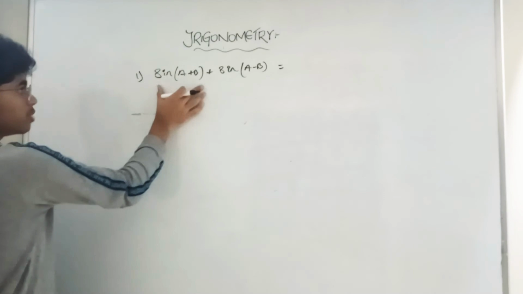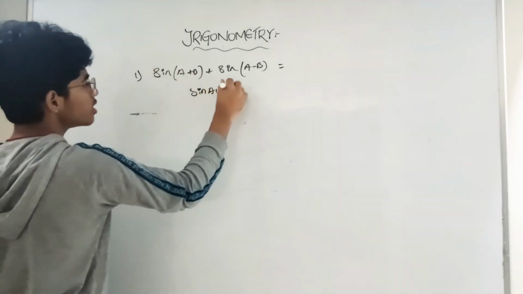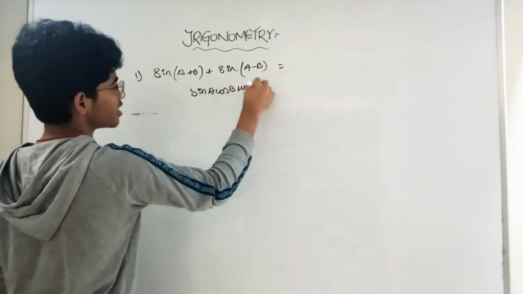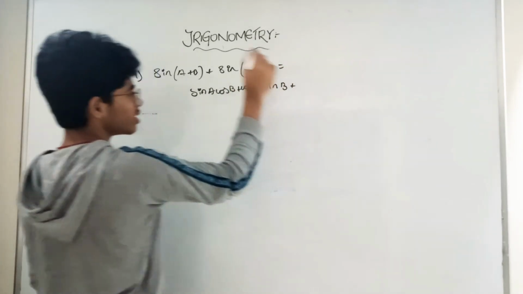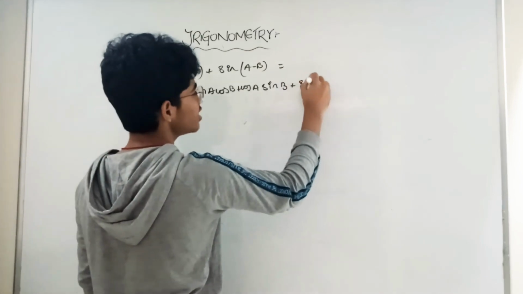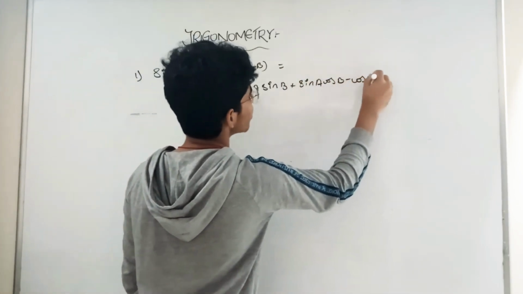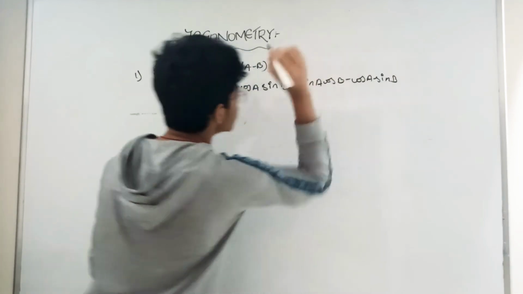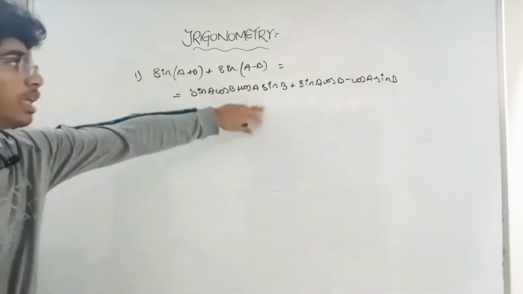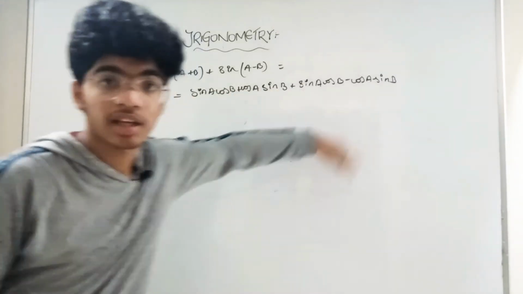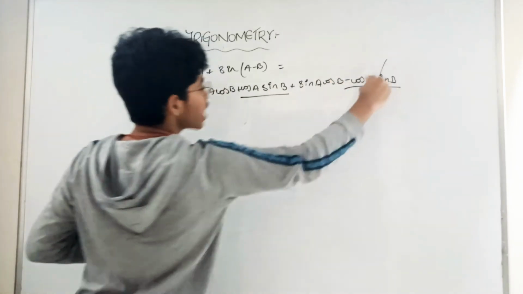So what is sine of a plus b? Sine a cos b plus cos a sine b. Okay, you can remember this as a song too. Sine a cos b plus cos a sine b, and sine of a minus b is sine a cos b minus cos a sine b. Okay, I'm sorry, I'm deviating. So now we have sine a cos b plus cos a sine b plus sine a cos b minus cos a sine b. So cos a sine b minus cos a sine b cancels out.